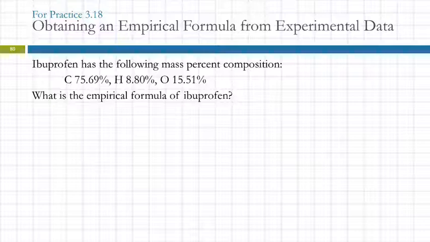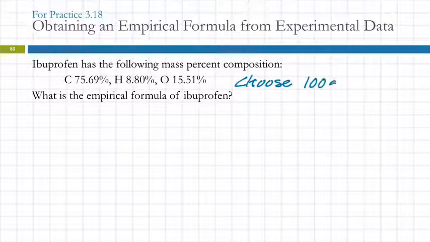So I need masses of elements. I can choose any size sample, because the percentages in the formula do not depend on the size of the sample. I'm going to choose something that's easy, so I'm going to choose 100 grams. Because if I choose 100 grams, then 75.69 grams are carbon, 8.80 grams are hydrogen, 15.51 grams are oxygen.